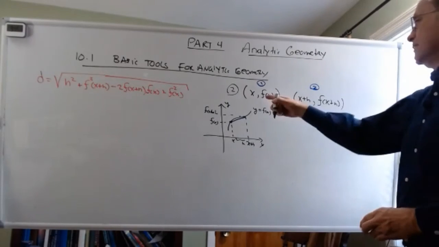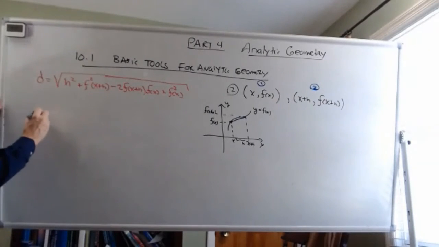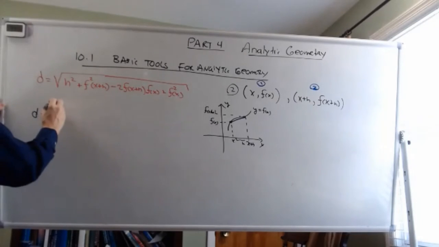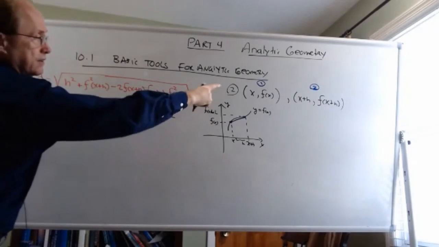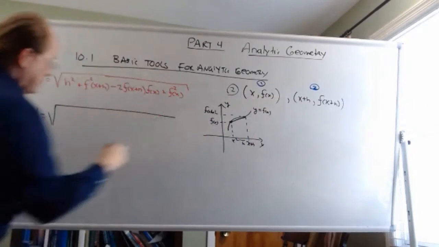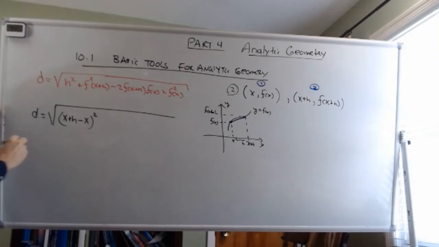Okay, so I'm plugging into my distance formula. And it's the square root of, let's take this over here, my x2 minus x1 quantity squared. So take my x2, which is x plus h, minus x1, which is x, and I square that.